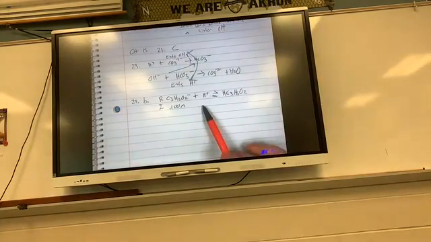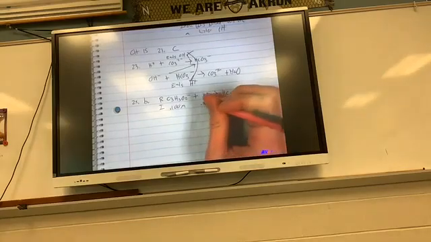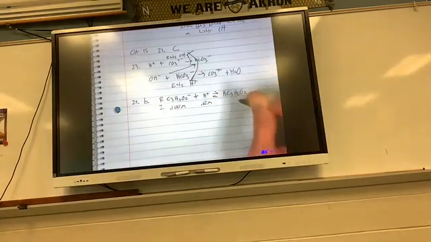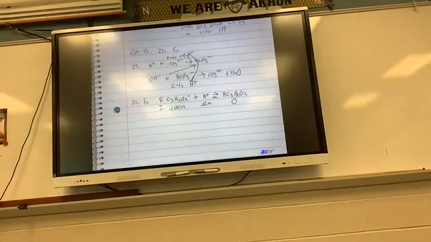Do I have any H plus to start with? I do, right? From 29, I have 0.02 moles in 1 liter. So I have 0.02 molar of this, and I don't have any of the acid yet.